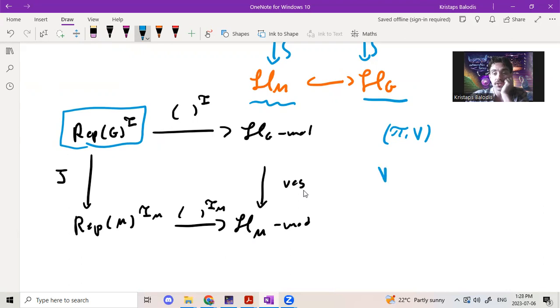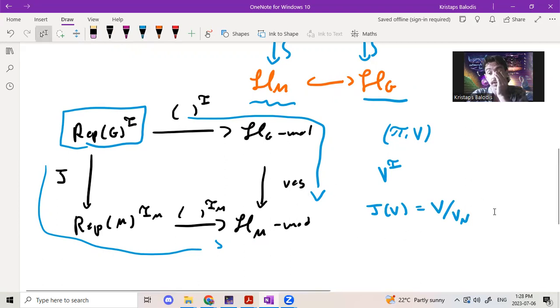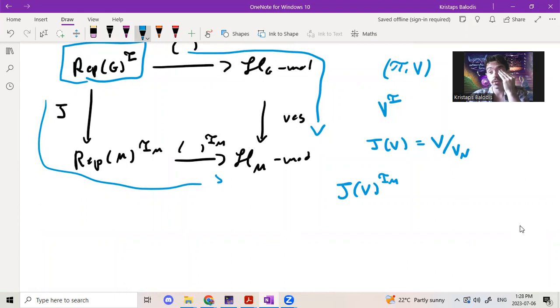You go one way, you take the I-fixed points of V, right? If we're going this way around the diagram, and then we just take restriction, so the underlying space will be the same. But if we go this way, we're taking the Jacquet module with respect to N. So this is basically V modulo the V_N invariants. And then we're applying the I_M fixed points, right? So we get (J_N V)^{I_M}, which is just intersecting the Iwahori subgroup with M. So we go here, right?